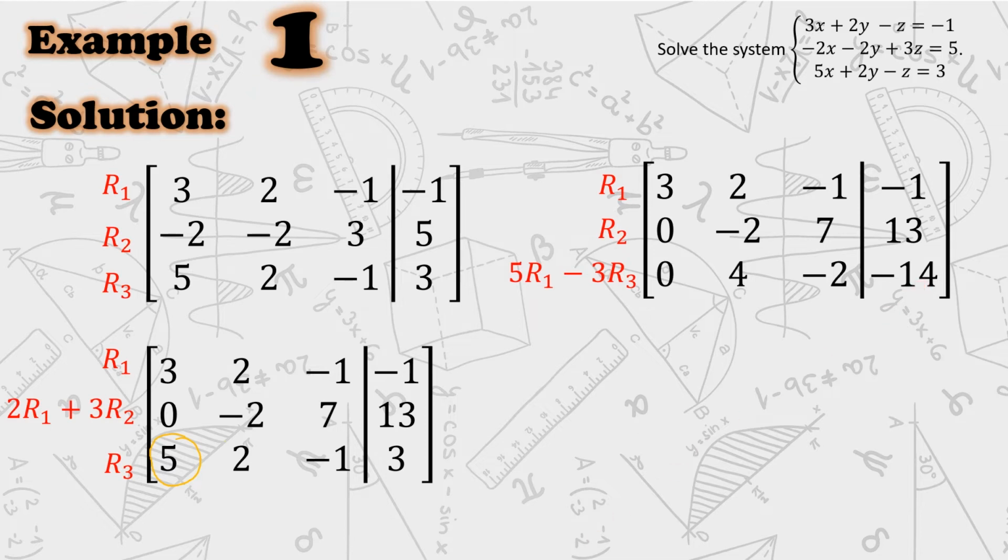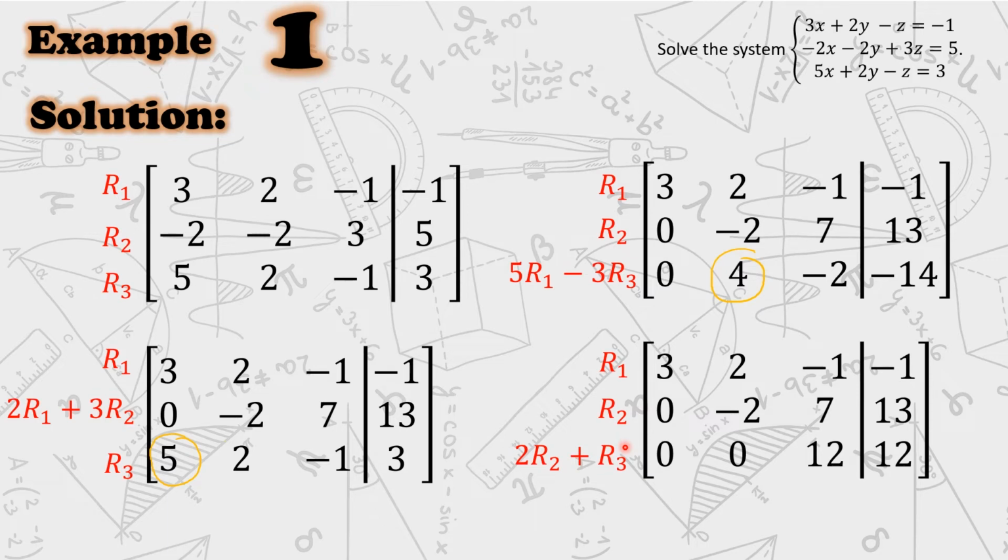Next, we should have the third row second column element to be 0. And to do that, we will have the operation 2R sub 2 plus R sub 3. And then we will retain R sub 1 and R sub 2. So that we have 0 is 2 times 0 plus 0.